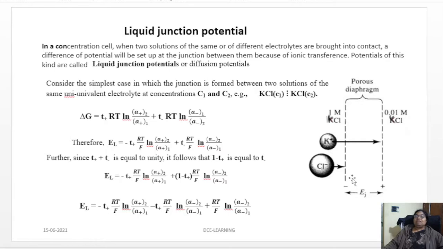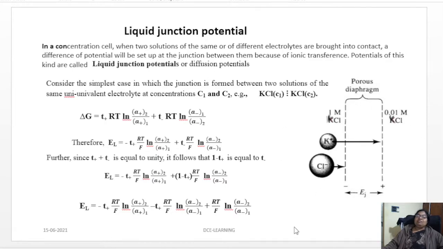The liquid junction potential develops due to the difference in the transference of the cation and anion. If both conductances are the same, there is no liquid junction potential, or it will be very, very small.